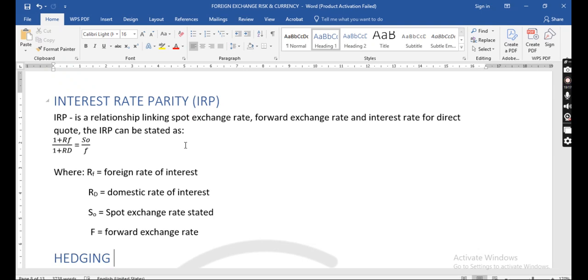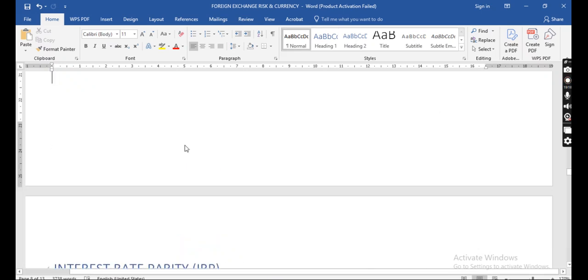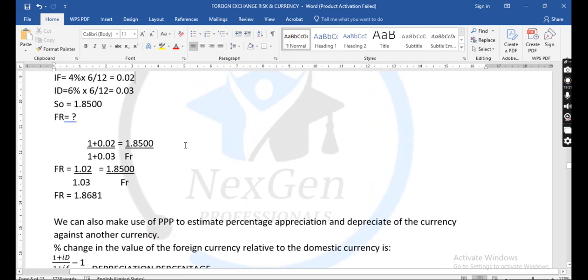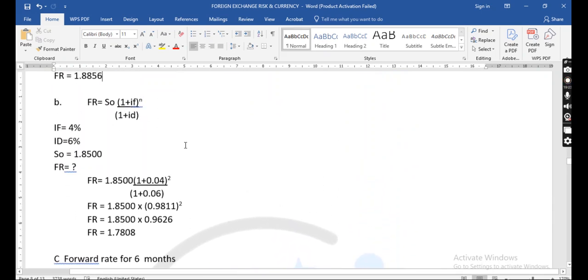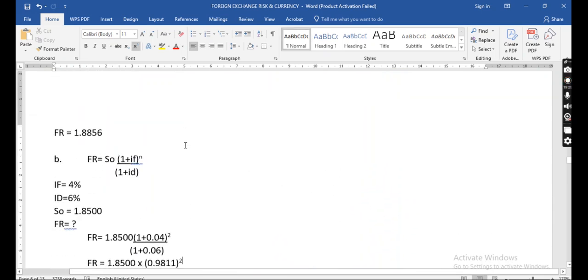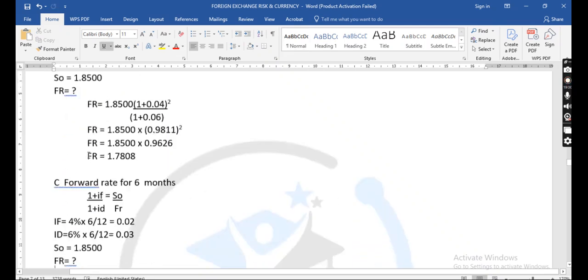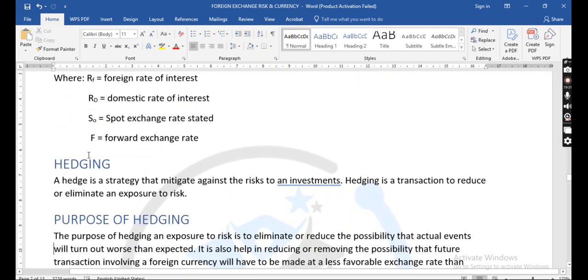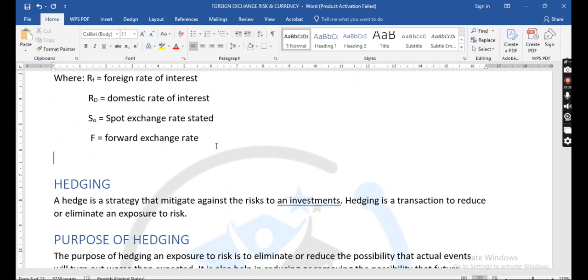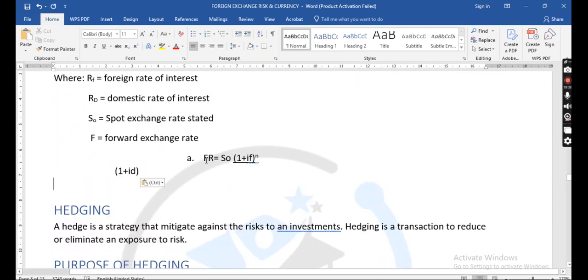Now, when you are to determine the forward rate for 2 years or 3 years using either the interest rate parity or the purchasing power parity, you still maintain the usual formula.